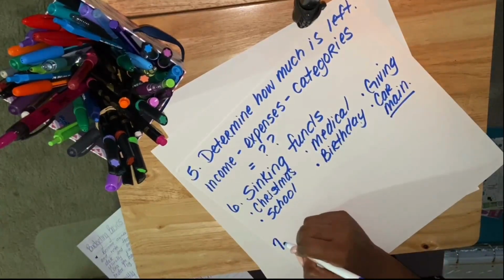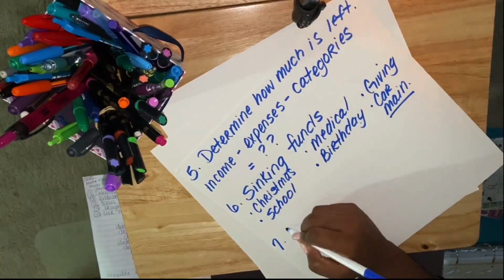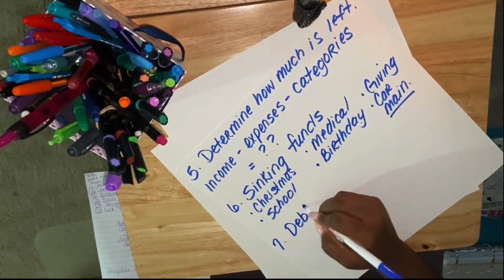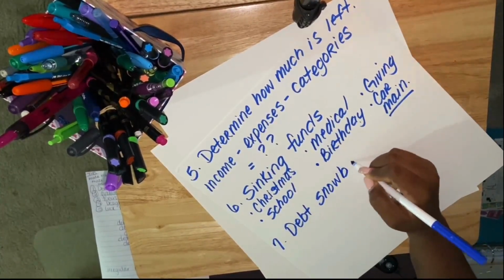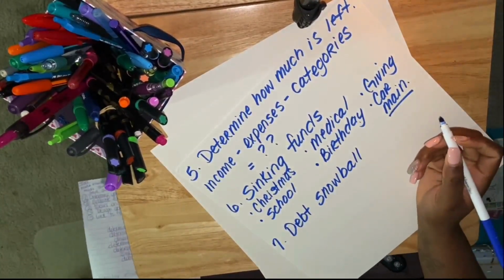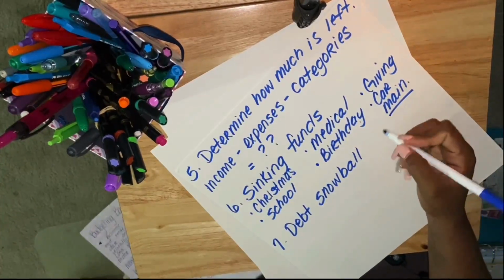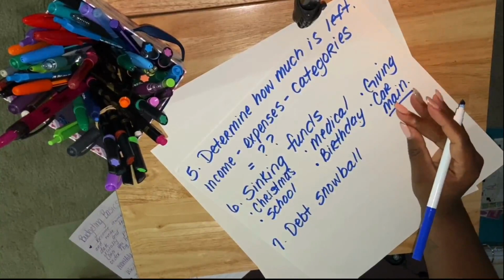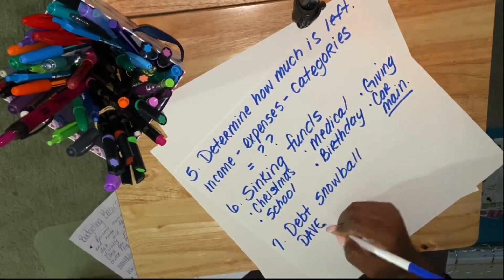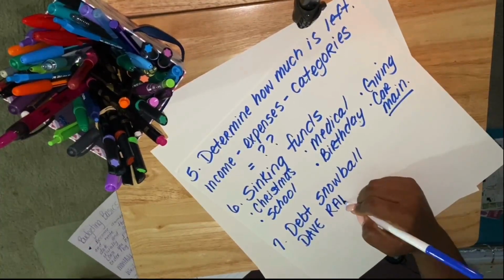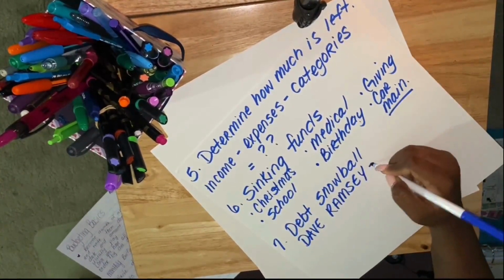Step 7 would be debt snowball. So the debt snowball is something made really known by Dave Ramsey with his baby steps.